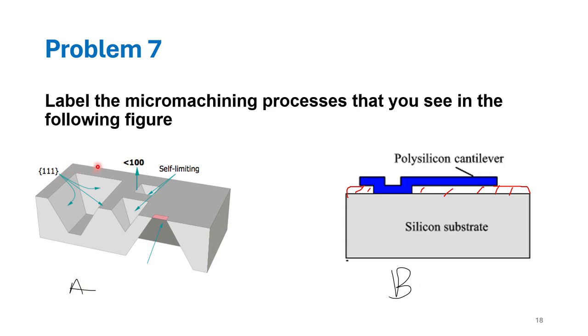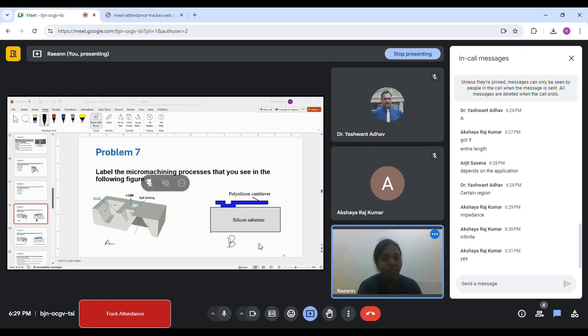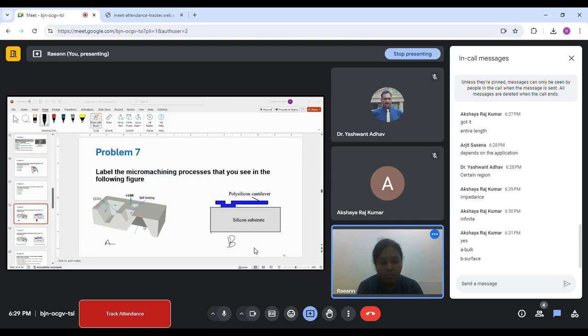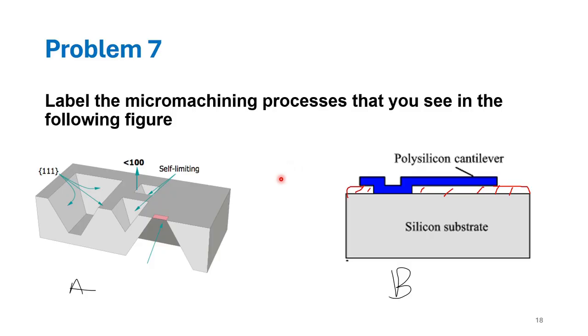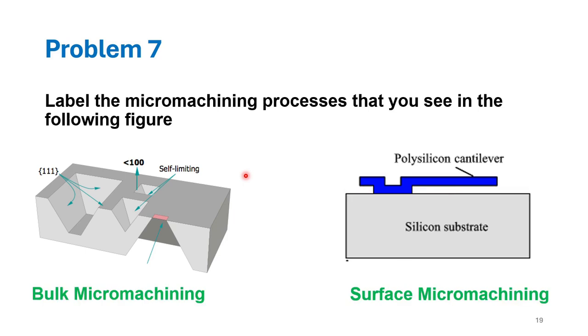So which one is bulk micro machining and which one is surface micro machining? Option A is bulk micro machining, and option B is surface micro machining.